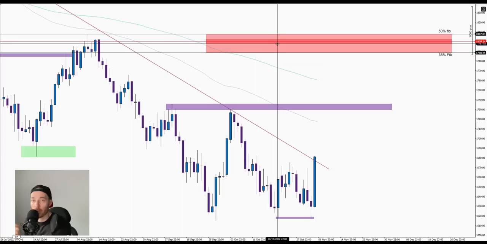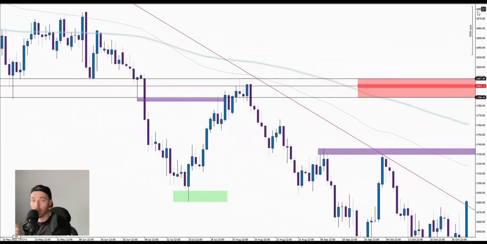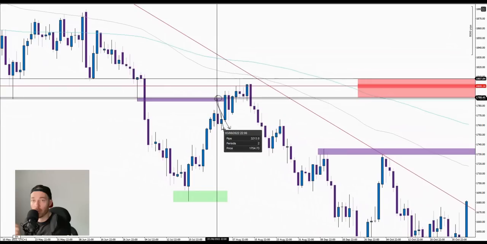When I'm saying fully reversing, if you look back at this example, it's quite clear. We have first a single rejection leading to this move down, and that was over 300 pips.